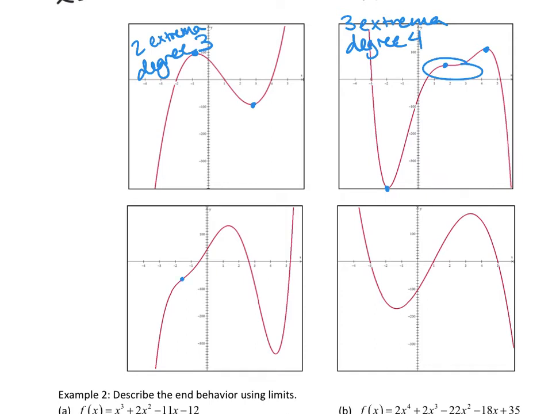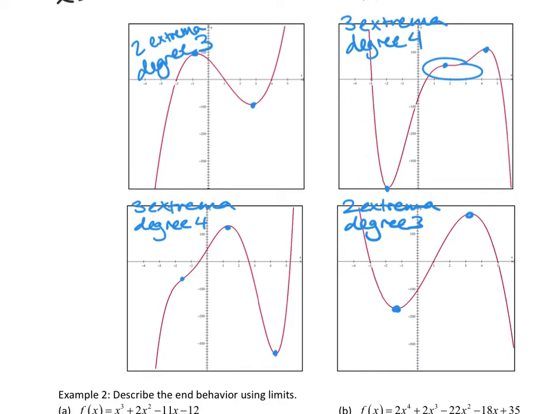The next one has 1, 2, 3, so 3 extrema, which means it is at least degree 4, if not more. And the last one only has 2 extrema, which means it has to be at least degree 3.